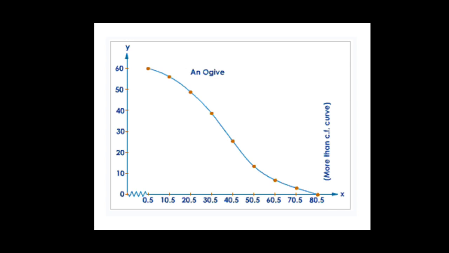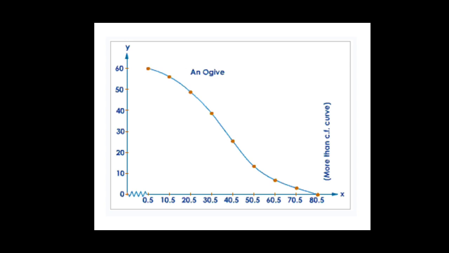That is, plot the points with coordinates such as 0.5, 60, 10.5, 57, 20.5, 49, 30.5, 37, and so on. Now connect the points with a continuous curve. The curve so obtained is the more than cumulative frequency curve, or we can also say greater than cumulative frequency curve or greater than ogive.